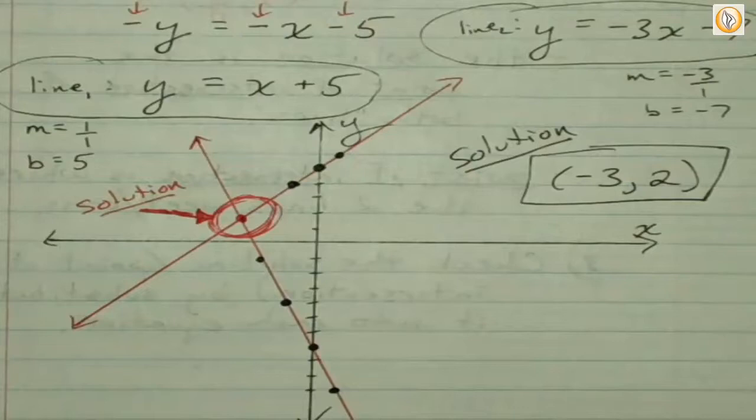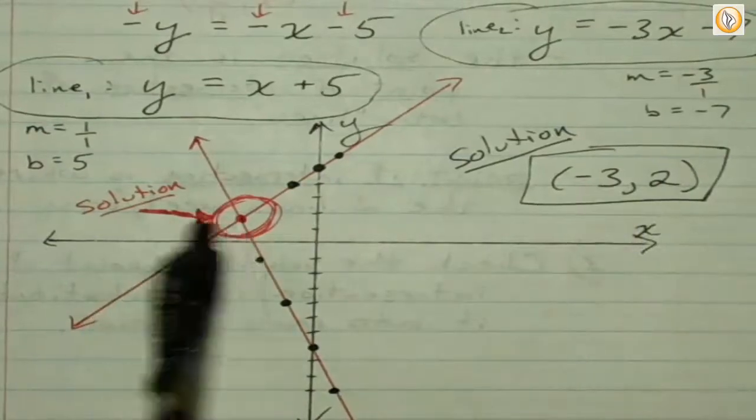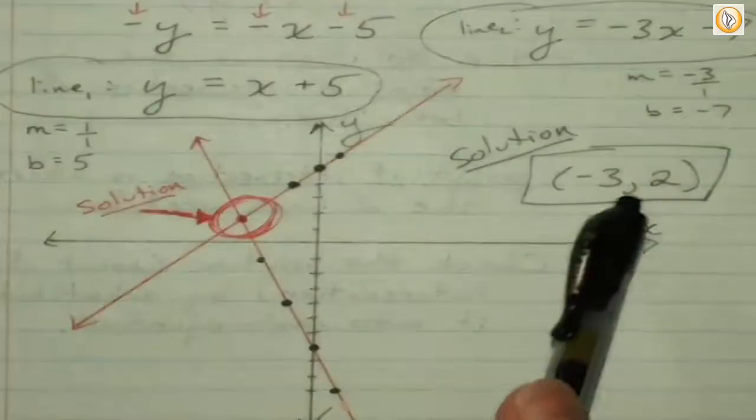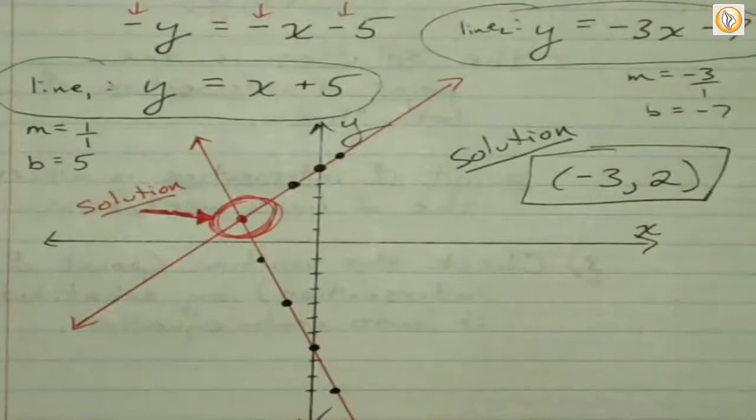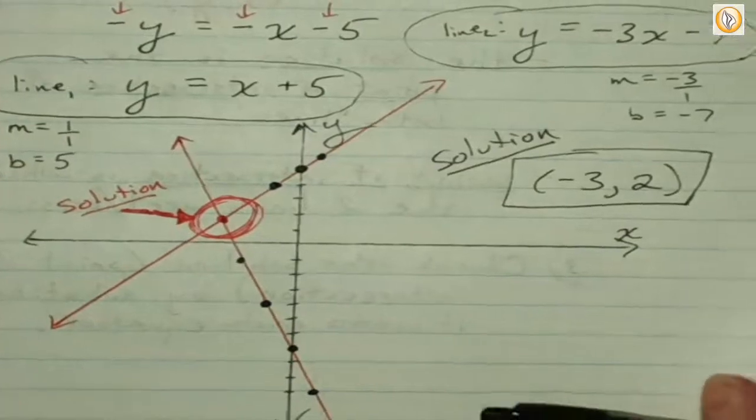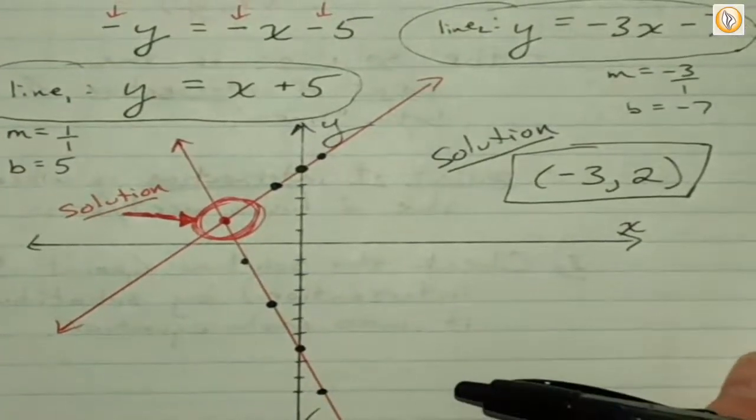Any questions so far? All you're doing is graphing, and then wherever they cross, that's your answer. Put it in, and don't circle it and say, there's my answer. No, you're going to put it in ordered pair. Does that make sense? Okay.